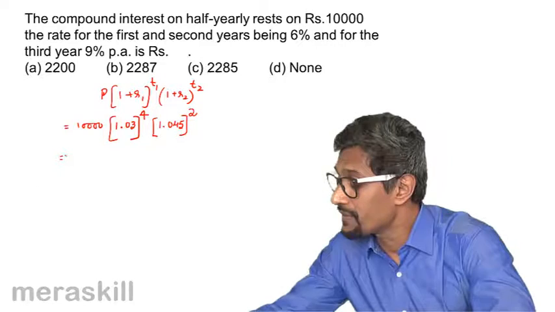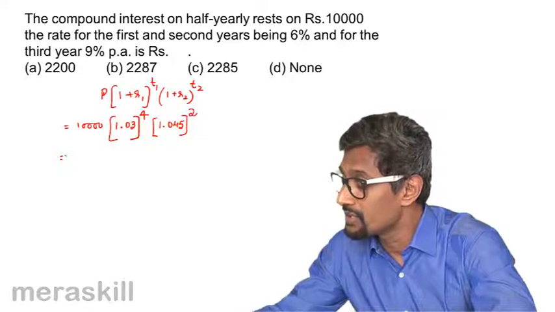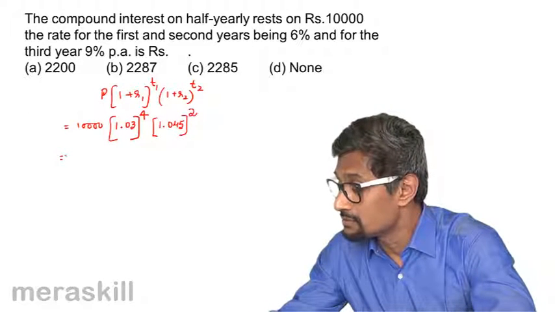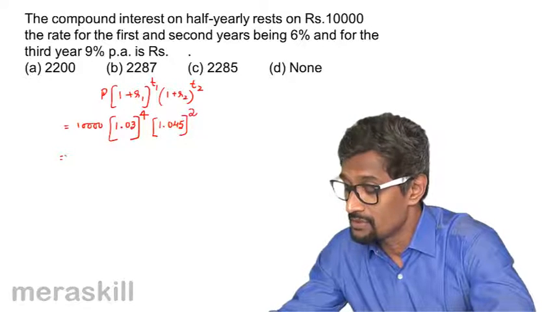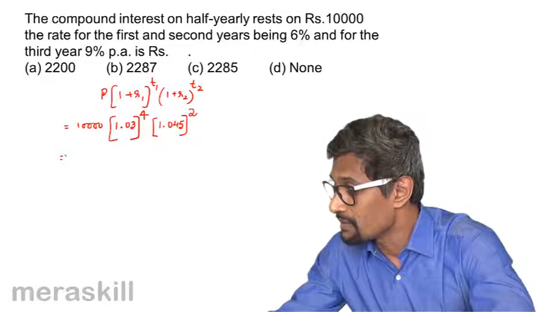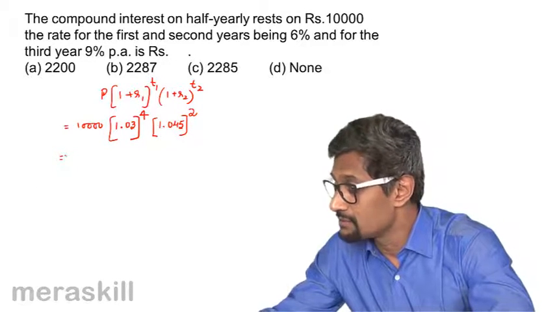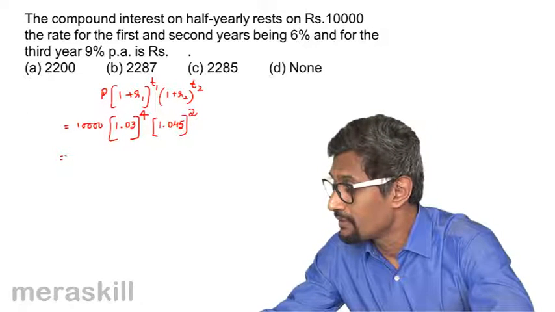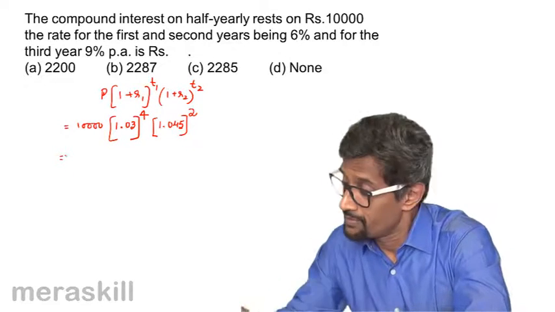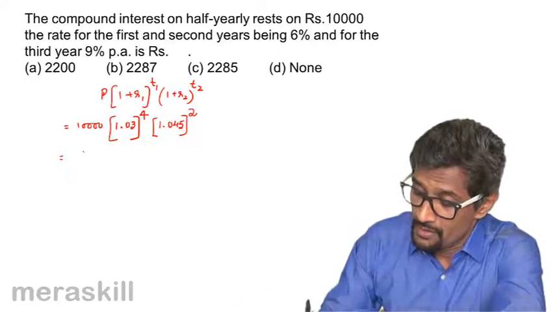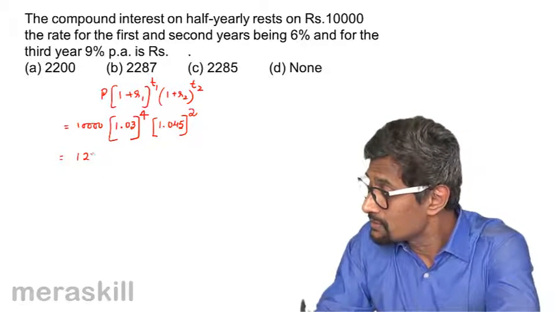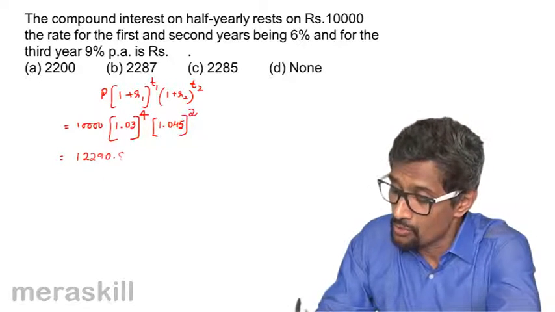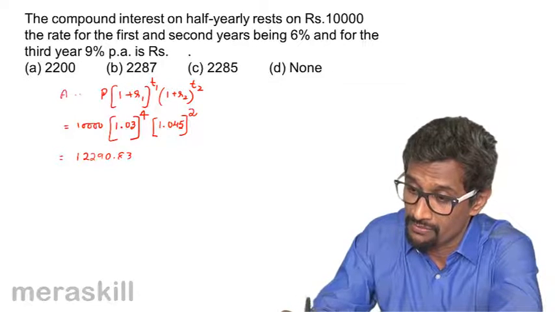So let's see what we have here. 1.03 raised to the power 4, into 1.045 squared. So it turns out to be 12,290 odd rupees, which is the amount that we get.